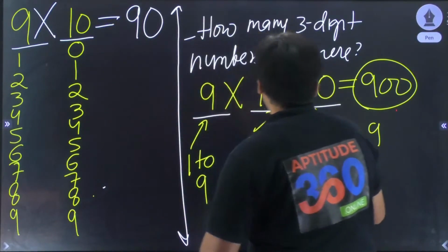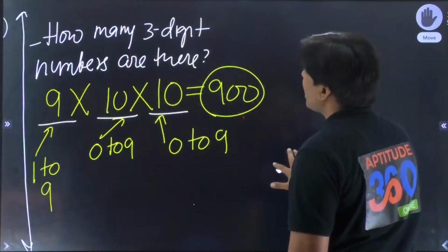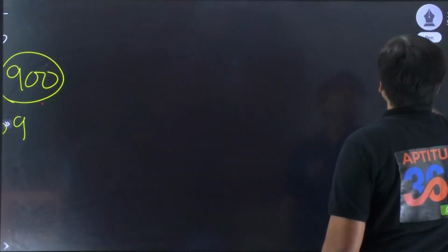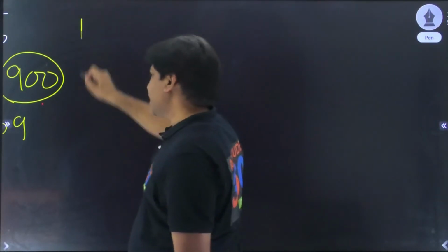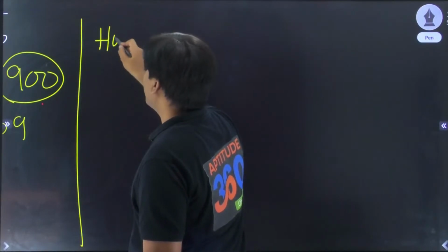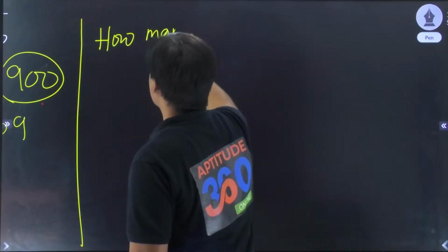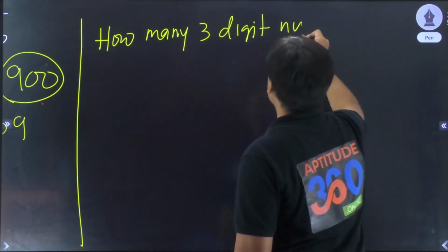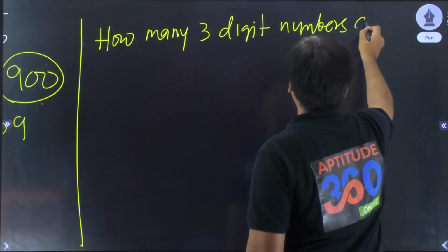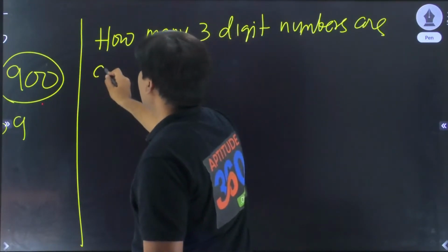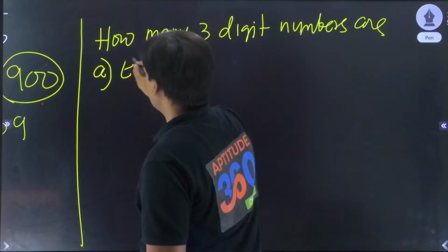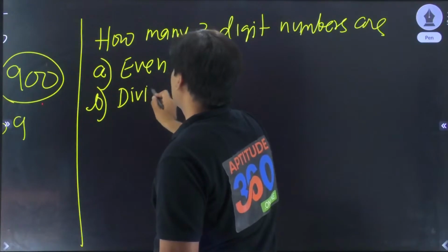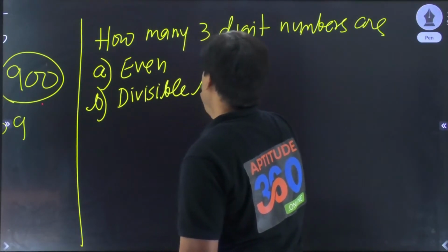Now, what if I ask you to solve this problem? Again, this is simple. How many 3-digit numbers are A, even, B, divisible by 5?